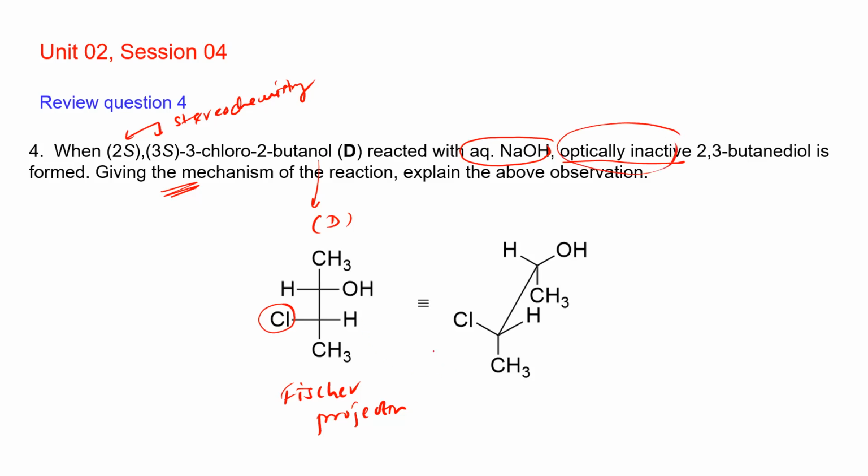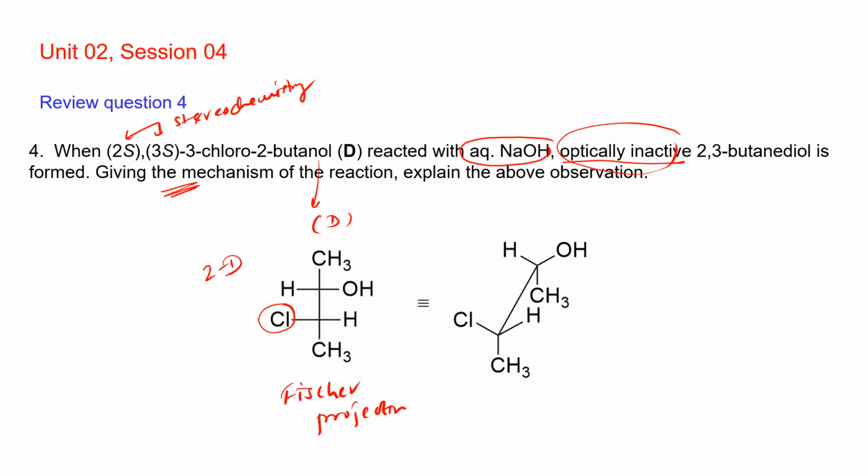So these are Fischer projections. If you draw it using this model, this is the structure. The purpose of a Fischer projection is that you don't have to show the three-dimensionality. You just draw the molecule in 2D.